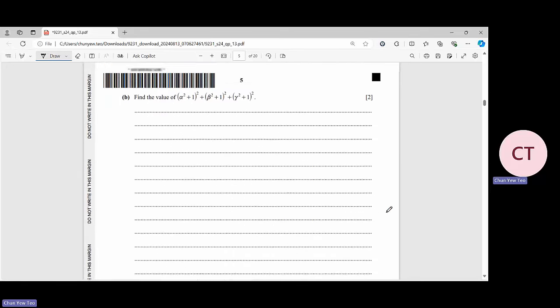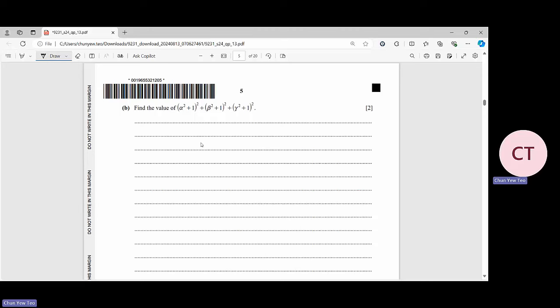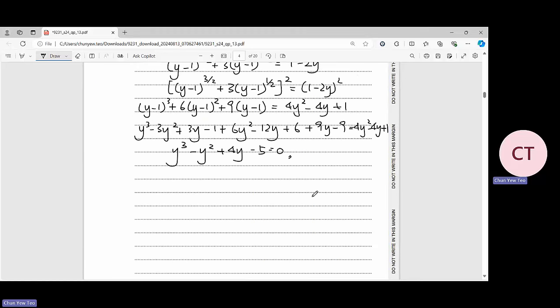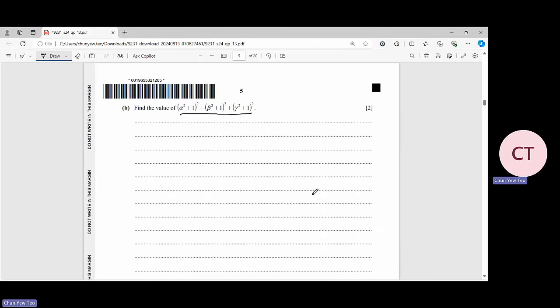Okay, all correct already. So now we go for the B. They want you to find this, based on the roots that we have. The roots that we have over here are alpha square plus 1, beta square plus 1, and gamma square plus 1. So in order to find the sum of the squares of all the new roots, just apply the formula.